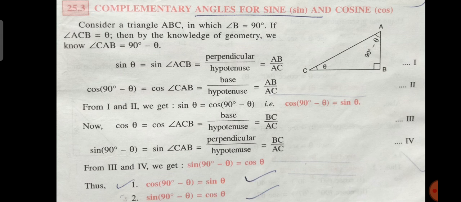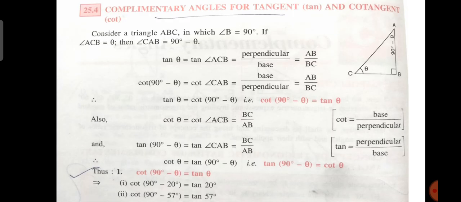For sin theta, the complementary is cos 90 minus theta, and for cos theta, the complementary is sin 90 minus theta. This is the complementary angles for sine and cos, and this is to be studied. And also, for tangent and cotangent, what is that?